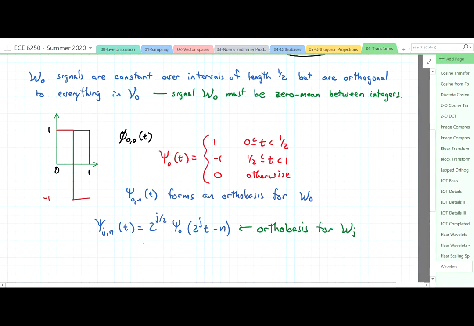That is, actually, I guess I should be a little bit more specific. The orthobasis is ψ_{j,n}(t) as defined above for all integers n, like so.